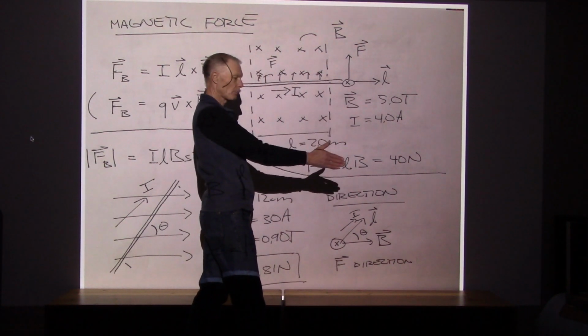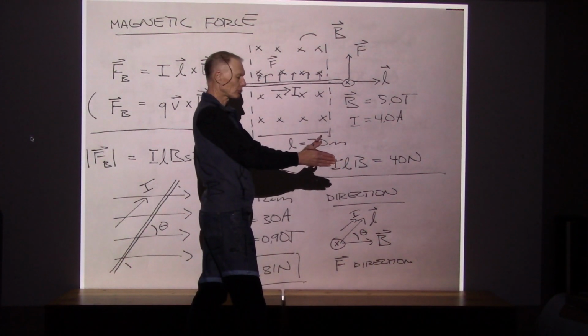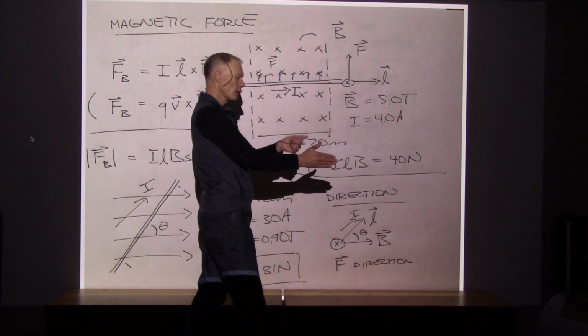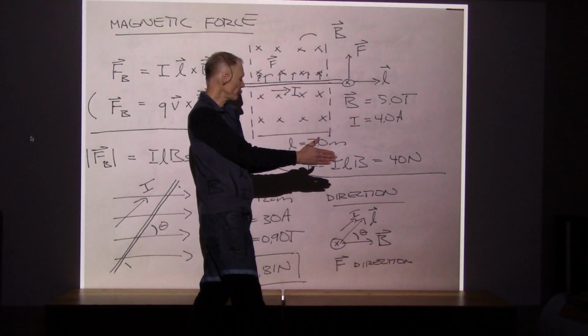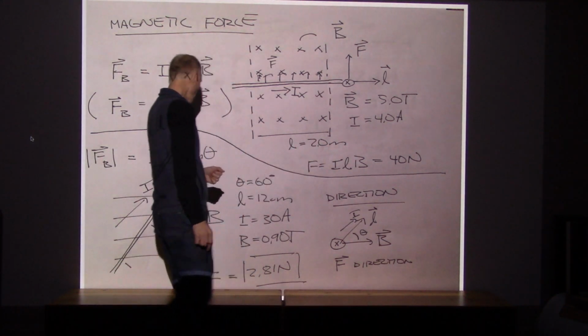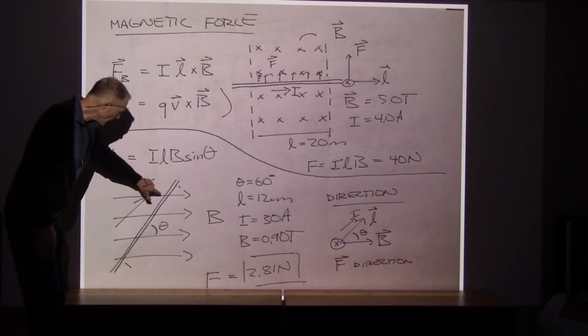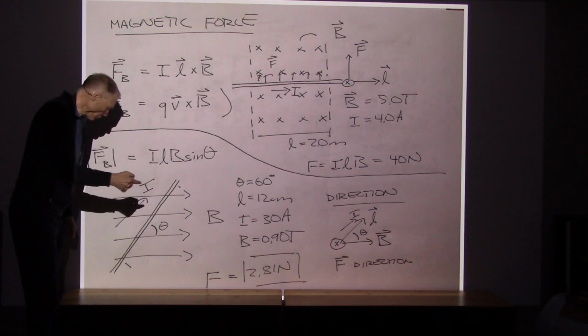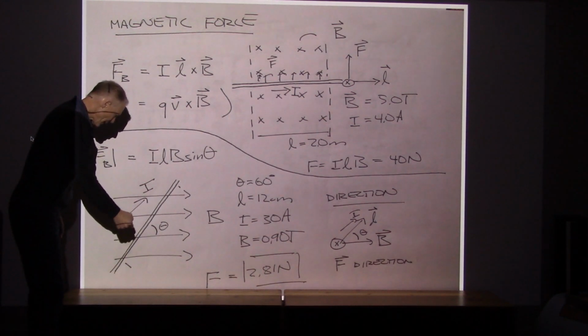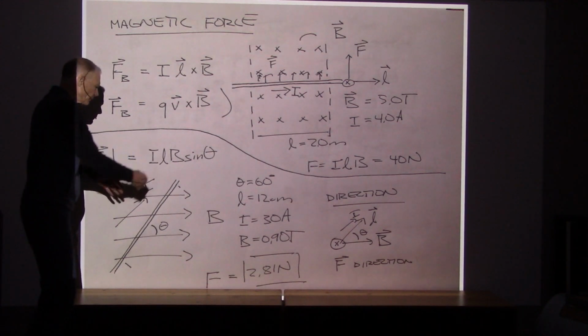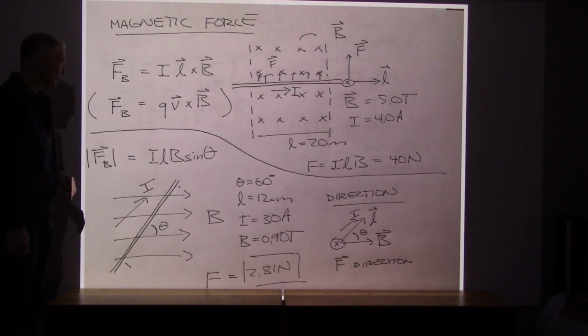That gives me a plane containing those two vectors, L and B, and my palm is facing in the direction of the force. So all along here, there's going to be a force pushing that wire into the board with what we have drawn here.